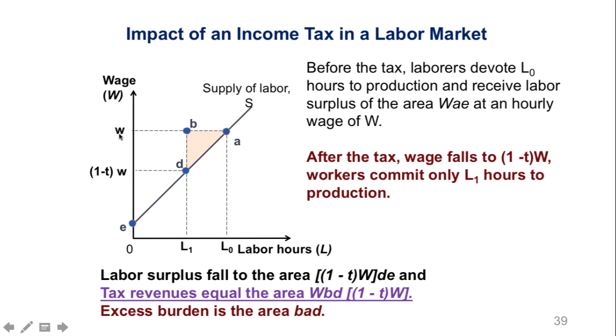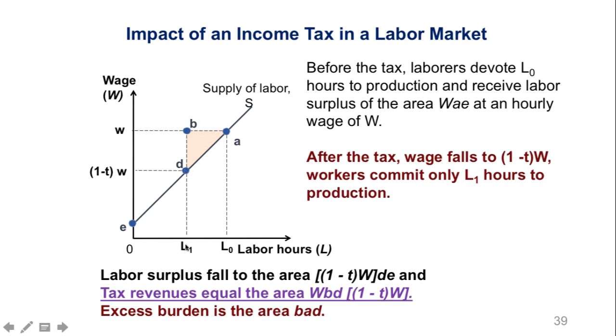Now, suppose that there is a tax here. After the tax, the wage falls to (1 minus T)W. The workers commit only L1 hours of production. So if there is a tax in the market, with the amount of T, your wage is going to be (1 minus T)W, right?